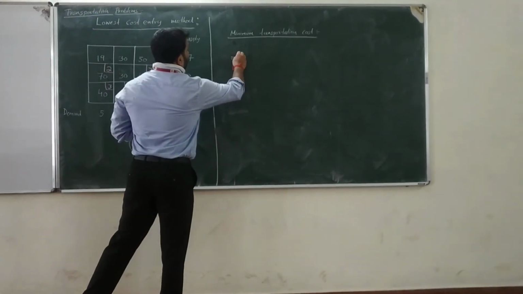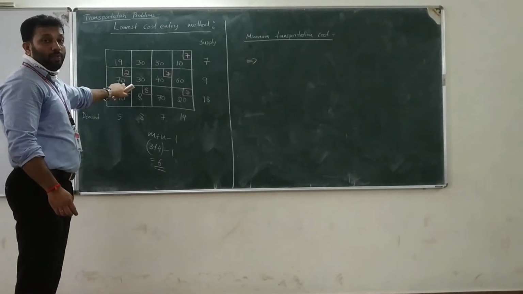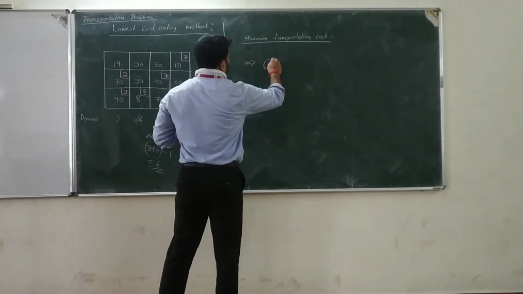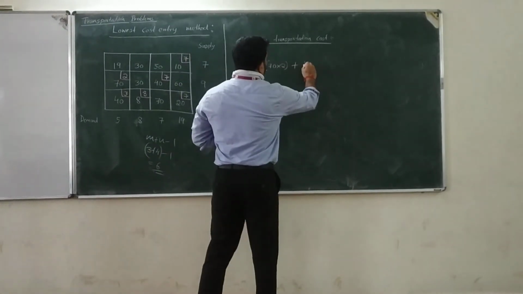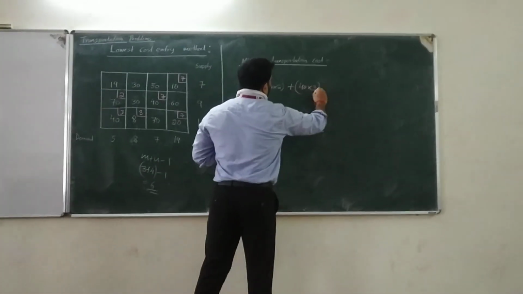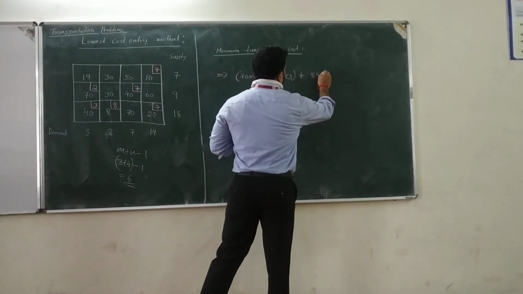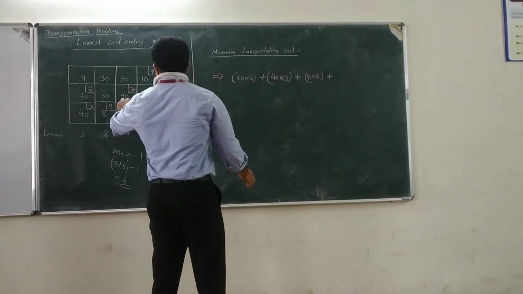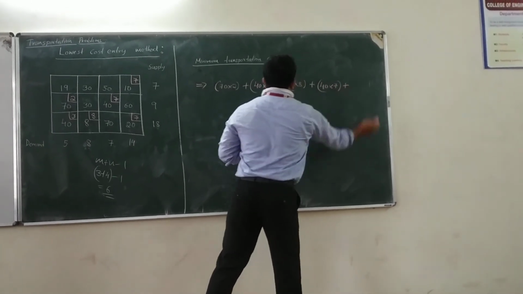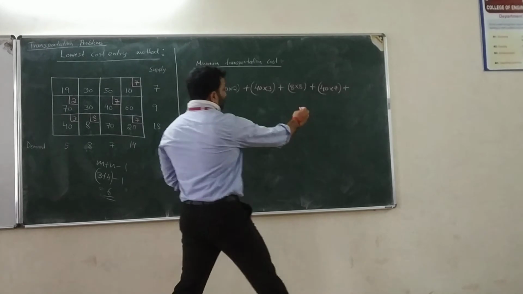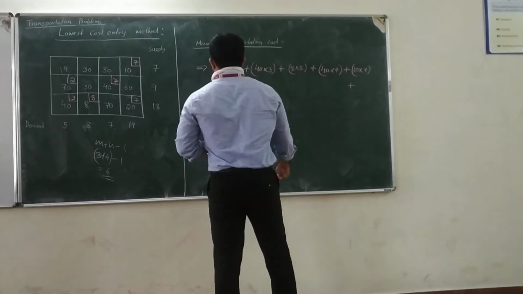Minimum transportation cost is equal to the number of units into the unit cost of that particular product. So here 17 into 2, plus 40 into 3, plus 8 into 8, plus 40 into 7, plus 10 into 7, plus 20 into 7.